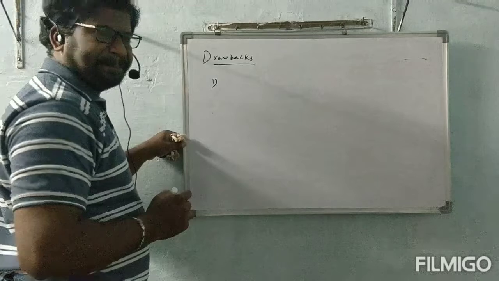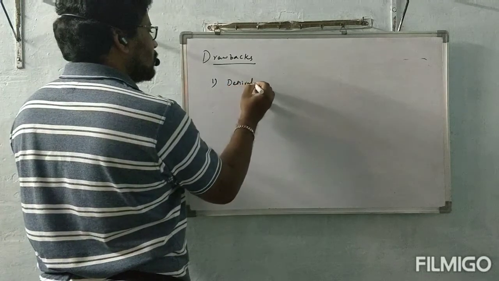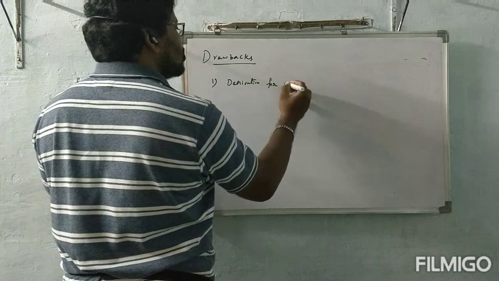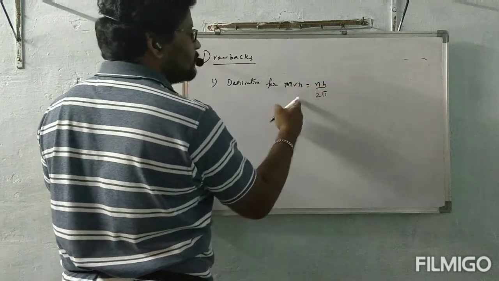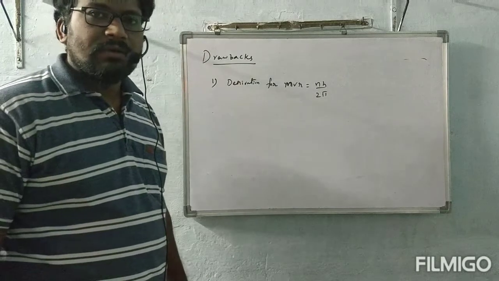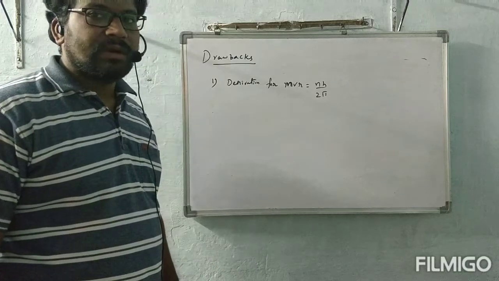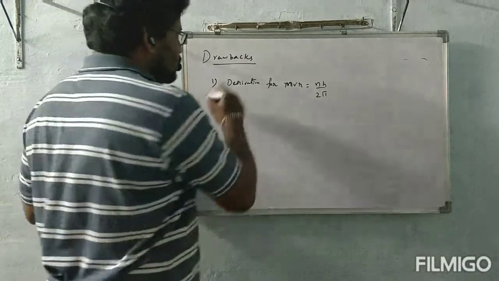First one, derivation for MVR is equal to nh by 2 pi. How did this formula come? Simply he gave MVR is equal to nh by 2 pi. h is equal to Planck's constant, n is equal to number of the orbit. Everything okay, but derivation was not explained.